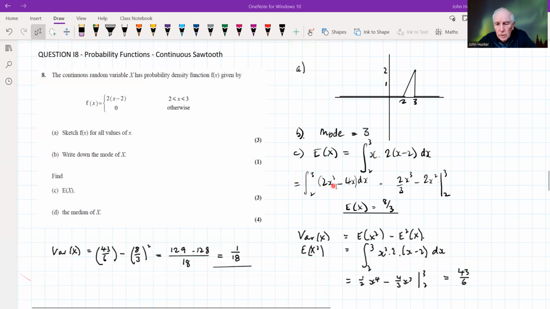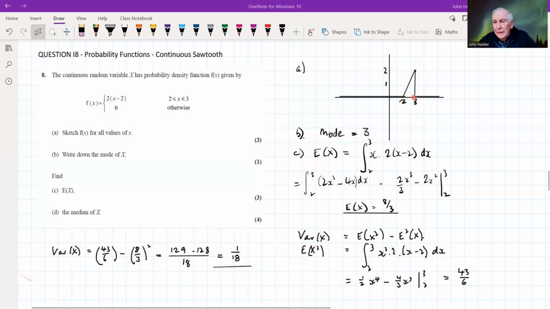If we work that through, I'll put a couple of steps in here, but you can work this through for yourself. That's going to give us an expected value of 8 divided by 3, which we notice is 2/3 of the way along between 2 and 3.